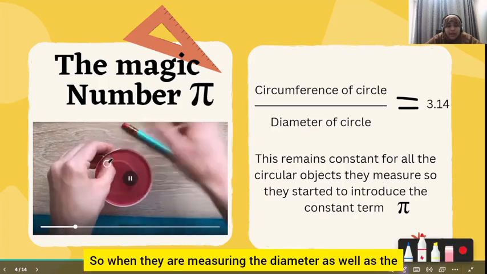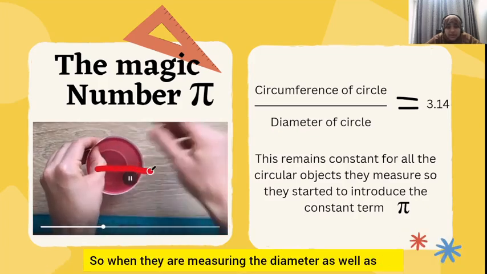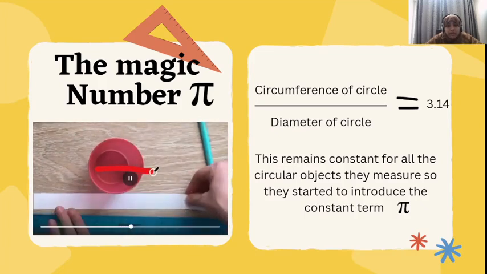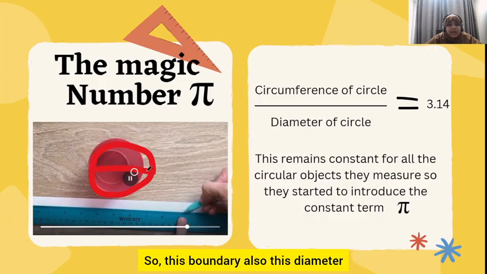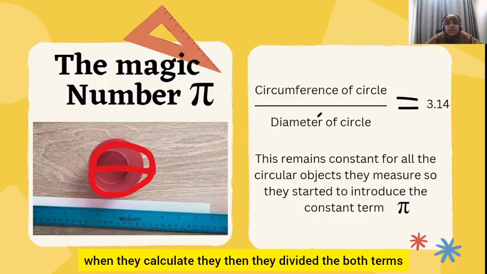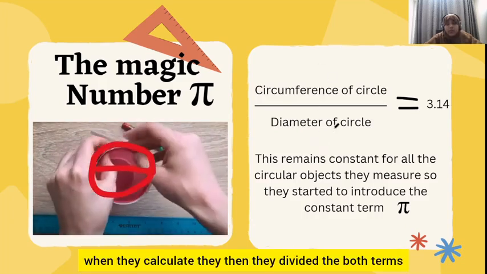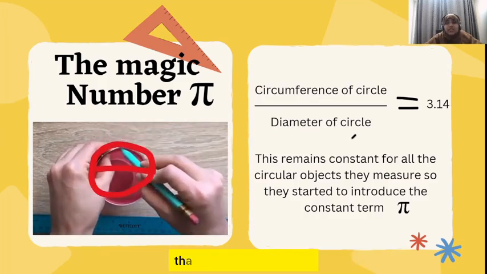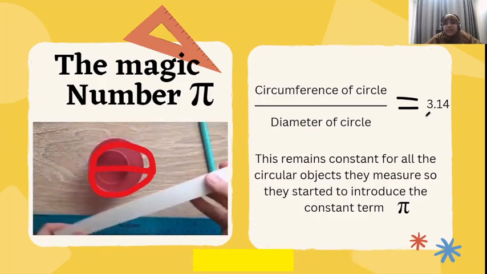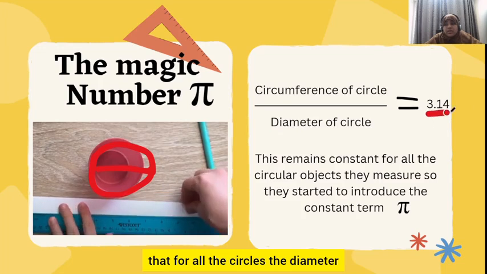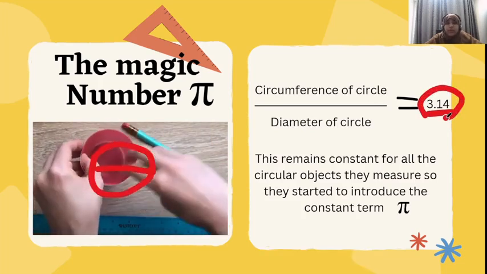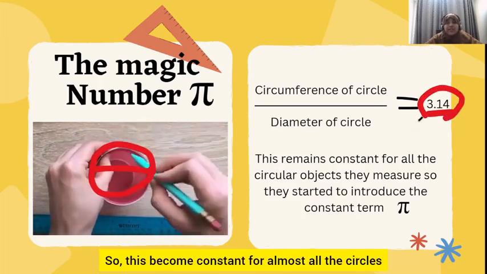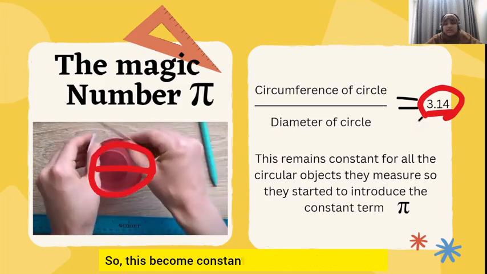When they measured the diameter as well as the circumference, they divided the two terms, the circumference and the diameter, and arrived at the fact that for all circles the ratio of circumference to diameter gave the value 3.14. So this became a constant for almost all circles.